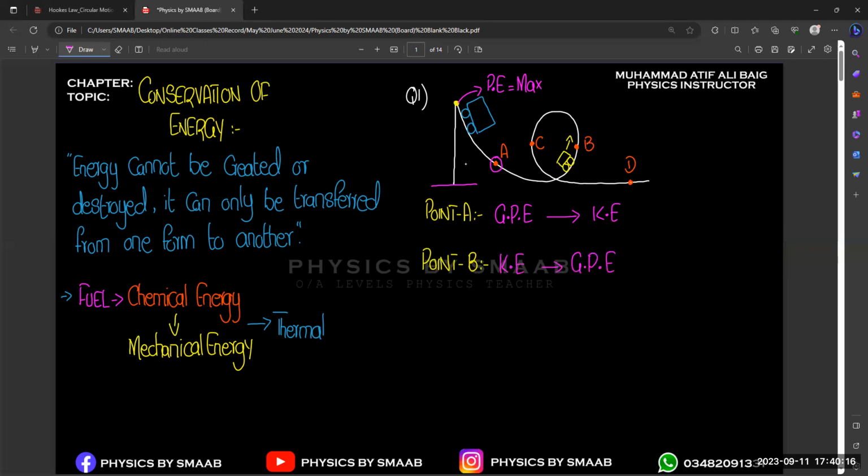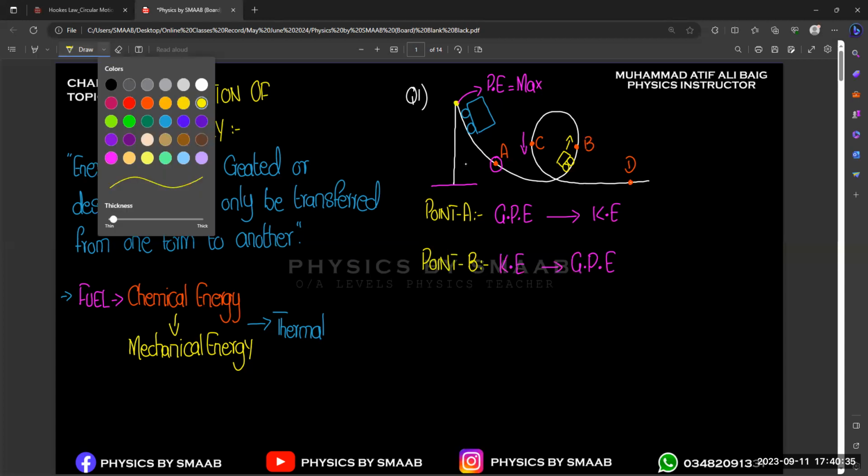And when this car takes the round on the circular track and comes to point C, now the car is moving in the downward direction. So again what happens, your gravitational potential energy converts into kinetic energy, right?